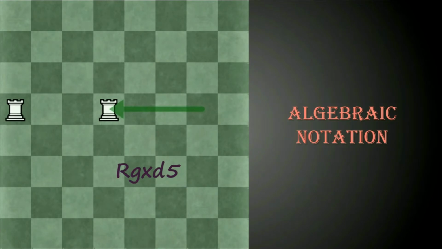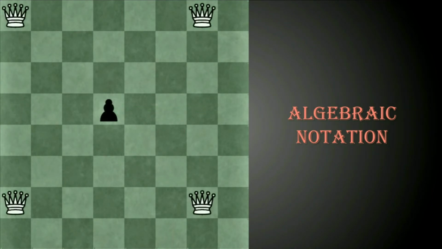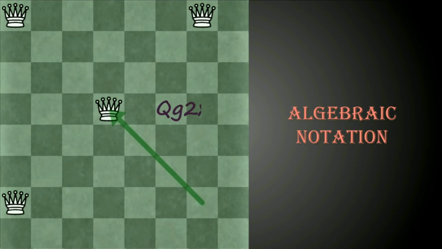Now we move on to a somewhat complex capture. Imagine you have 4 queens and you are about to capture the pawn on d5. Let's pick this queen. How to record it? Q g2 cross d5. g for the file and 2 for the rank.